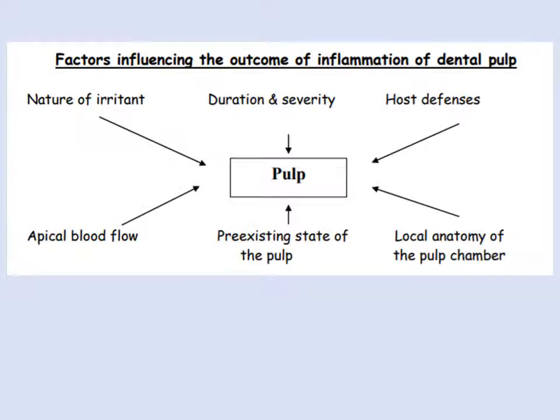The factors affecting this are the nature of the irritant, and the duration and severity of the irritant. Then we have the pre-existing state of the pulp itself, the local anatomy of the pulp chamber, the apical blood flow, wide abscess, closed abscess, and finally the host defense.